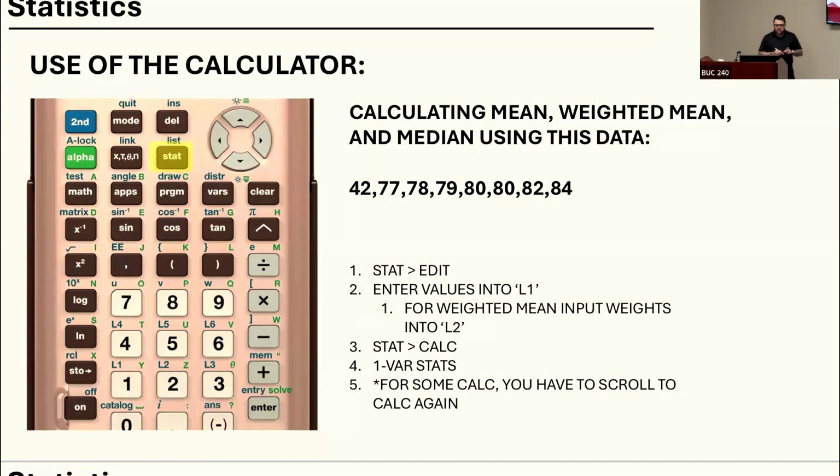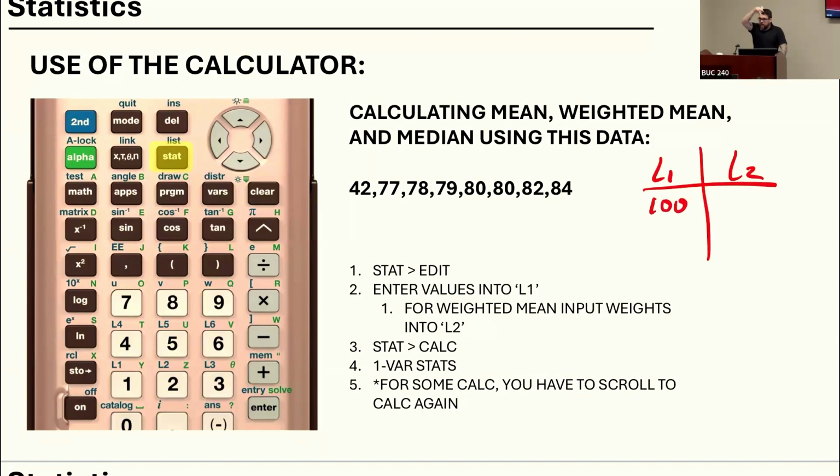That means, now be careful. When I say that, I'm going to bring up something. Remember my little homework example? Notice you're going to have an L1 and an L2. This is for weighted mean. If I scroll all the way back up, you had one where the homework averaged together at a 100.